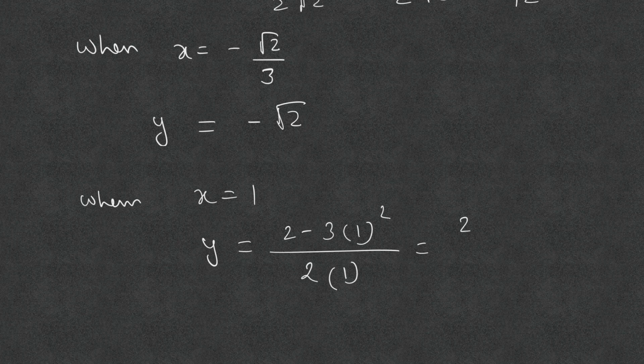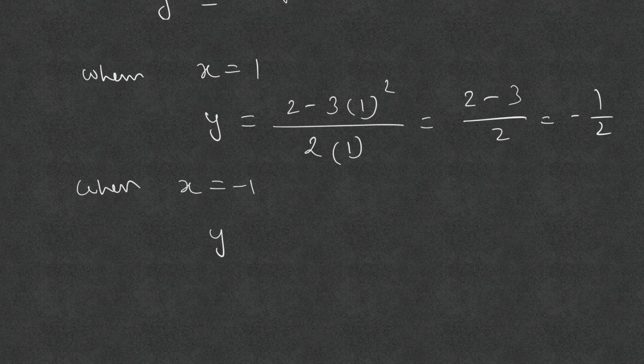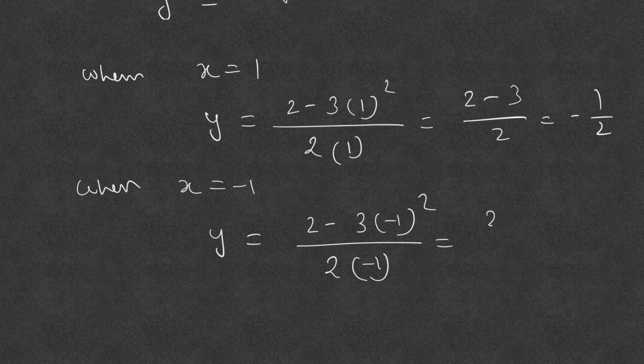And so this gives us (2 minus 3) divided by 2. This is negative 1 over 2. Similarly, when x equals negative 1, we'll obtain y equals (2 minus 3 times negative 1 squared) divided by 2 times negative 1, which gives us (2 minus 3) divided by negative 2, which is positive half.